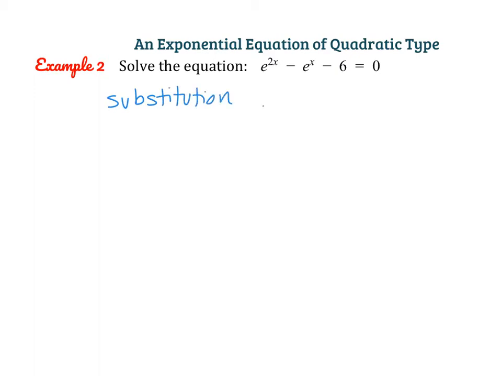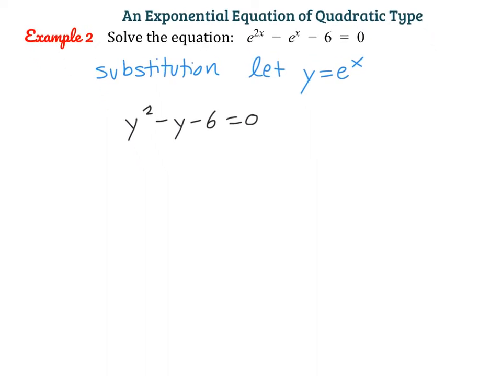So here we can change the variable, let y equal e to the power of x. If I make that substitution, what I have left is y squared minus y minus 6 equals 0. This is really easy to solve by factoring, so we can do y minus 3 times y plus 2 equals 0.